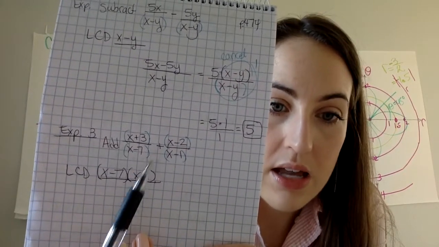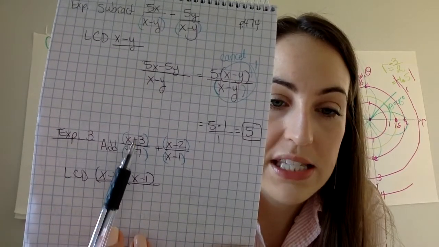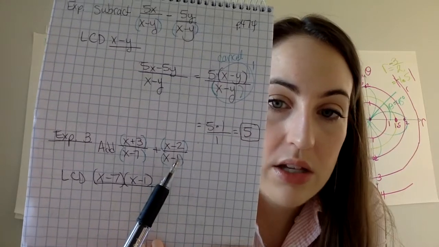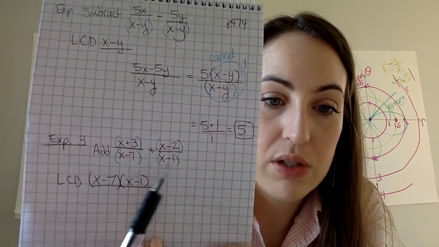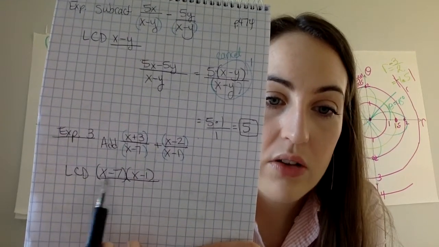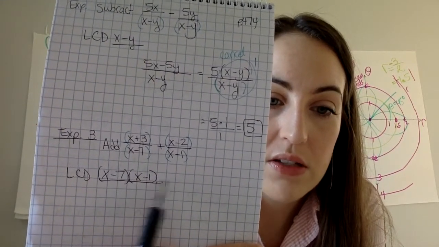And to get to that, well, this one needs to be multiplied by an x minus 1 over an x minus 1. And this fraction needs to be multiplied by an x minus 7 over an x minus 7. And that'll allow both denominators to have this LCD.